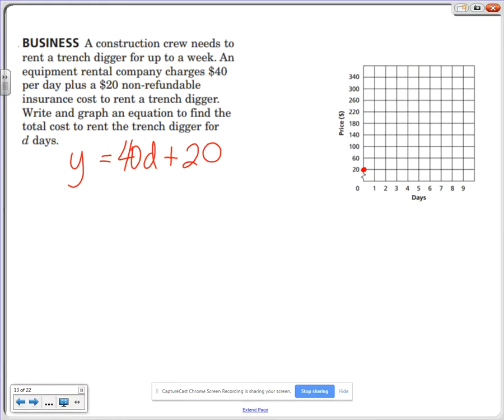Does everybody see why I started at 20 right there? Where am I going to go from there? Guys, where am I going to go from there? Not up 20. Yeah, you guys all see the slope there? That slope is 40, isn't it? Okay, so I'm supposed to go up 40 over 1? That is going up 40, right?